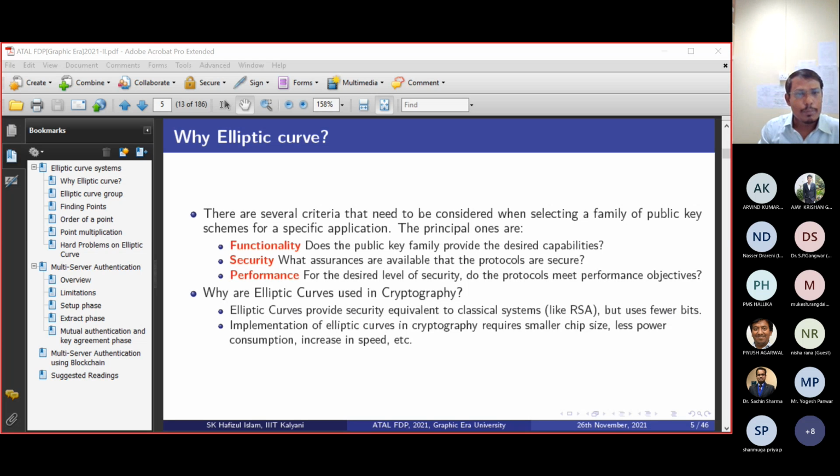So from the implementation, computation, and storage points of view, elliptic curve provides much better performance than the other classical crypto systems. That is why we use elliptic curve in cryptography.